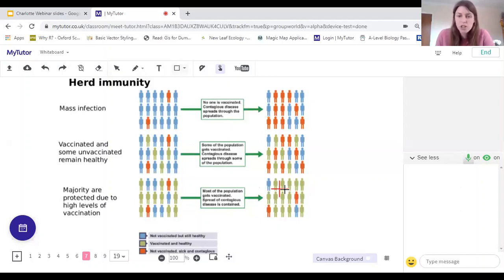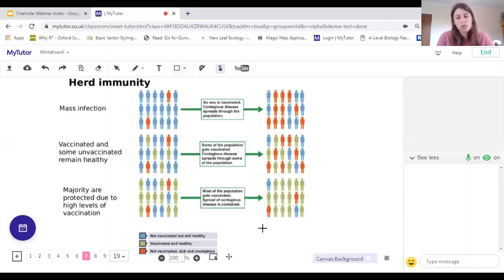There's just less chance of them encountering each other. And bear in mind that it's not possible for everyone to be vaccinated. Some people have other health conditions that prevent them from being vaccinated from a disease. So the idea of having the majority of a population vaccinated is that they can protect the ones who can't.